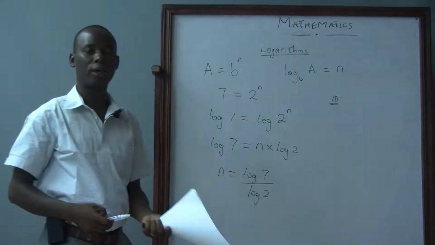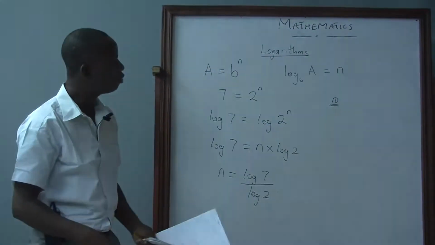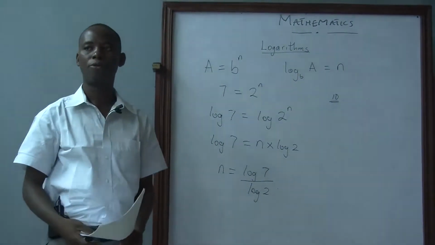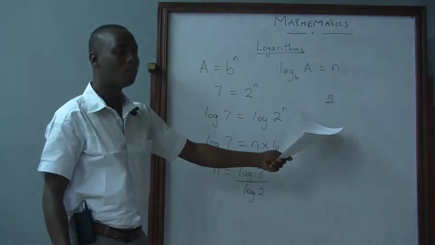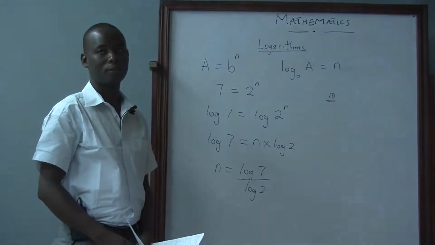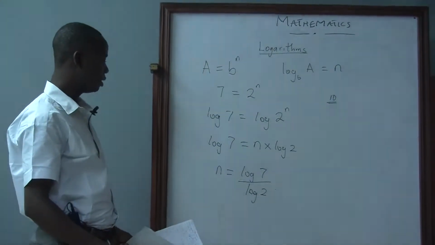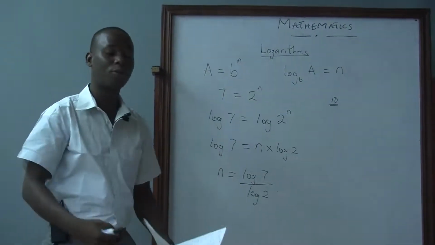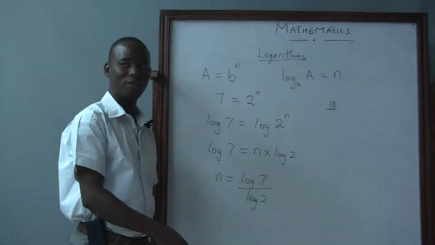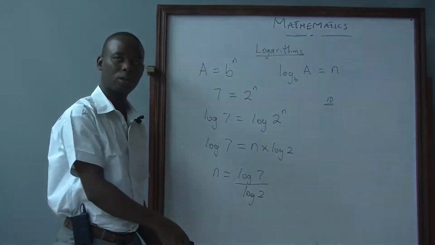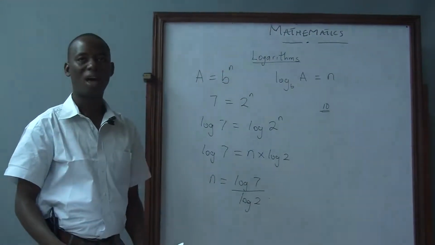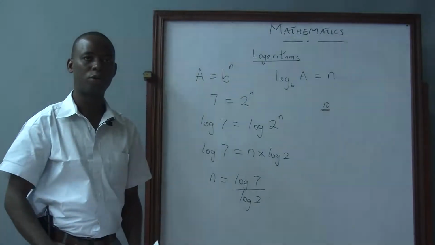For values of log in base 10, we have a standardized table from which you can check the log of any number. So the simple thing we're going to do to find our n is to look into our table to find what the log of 7 is, and the log of 2. That will be the foundation of what we'll be doing today.